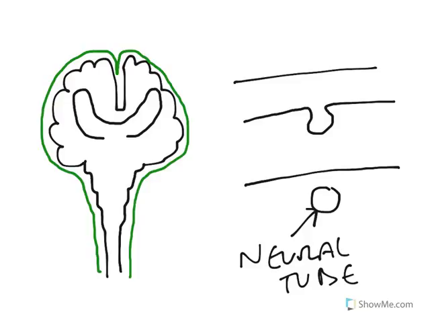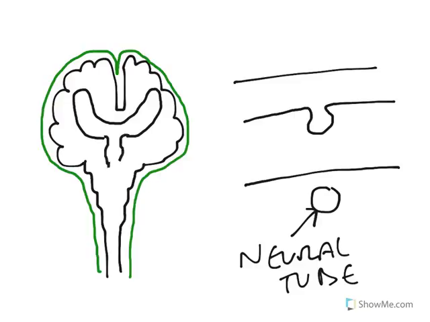The lateral ventricles are continuous with a midline structure called the third ventricle. So there's the third ventricle sitting in the midline, and then the third ventricle is connected by a thin channel to the fourth ventricle.